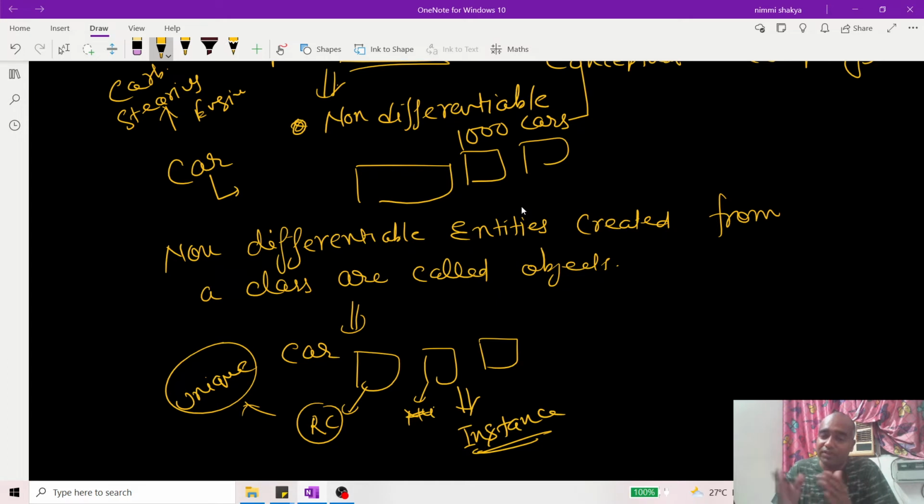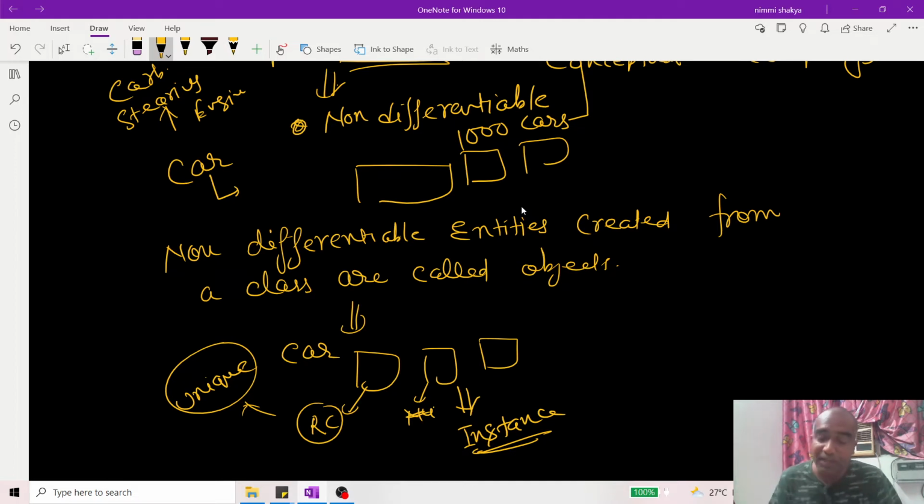So if they look similar, to identify them separately, you need to provide a particular RC, a particular registration number. You need to have a registration certificate. In the registration certificate, you will have the vehicle number. That vehicle number uniquely identifies your object. So when the objects are uniquely identified, then those objects are known as the instances.